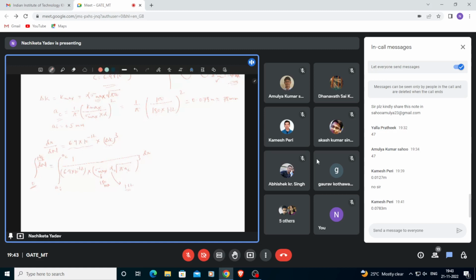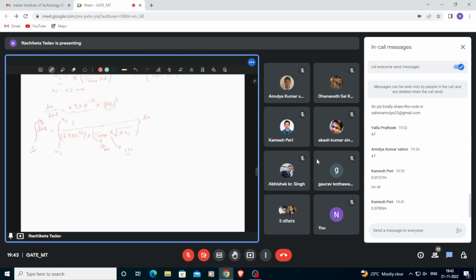So can you solve now? 3 by 2, 1.12 cubed.